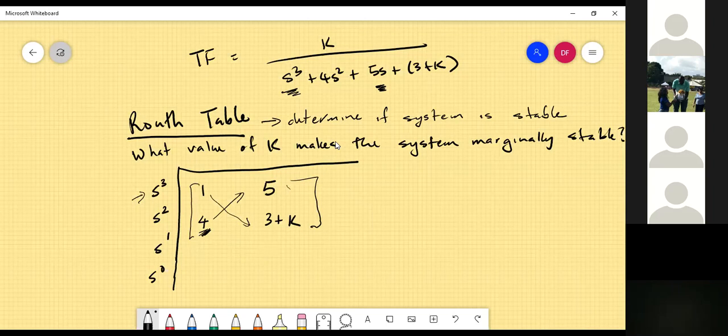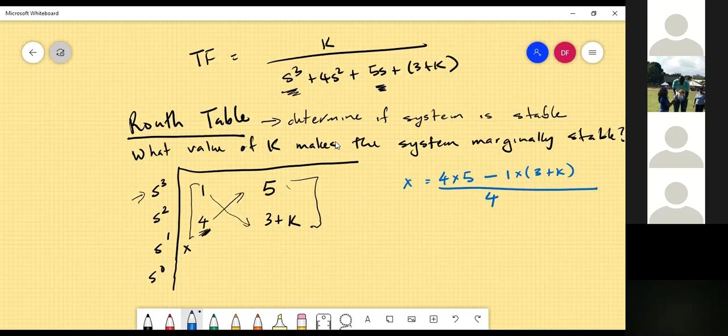So let me call this x. x is going to be equal to 4 times 5 minus 1 times 3 plus k. And the difference is now we have to divide by the pivot each time.